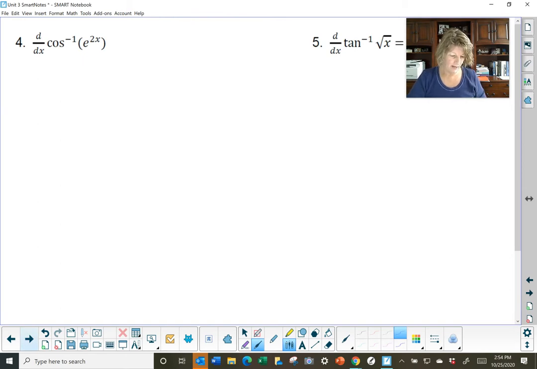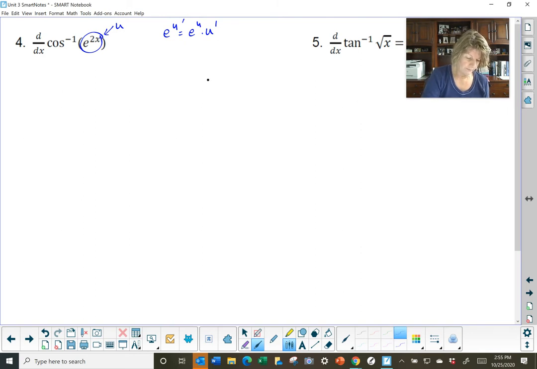Problem 4. Cosine inverse of e to the 2x. There is our u, isn't it? Do you remember how to take the derivative of e to the u? The derivative of e to the u is e to the u times u prime. Okay.